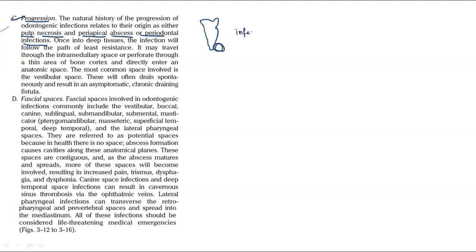Once it's infected deep into the tissues, it will follow the path of least resistance. Okay. So I'll go through the diagram where you can see wherever there is least resistance, the infection travels. It may travel through the intramedullary space or perforate through a thin area of bone cortex and directly enter an anatomic space.